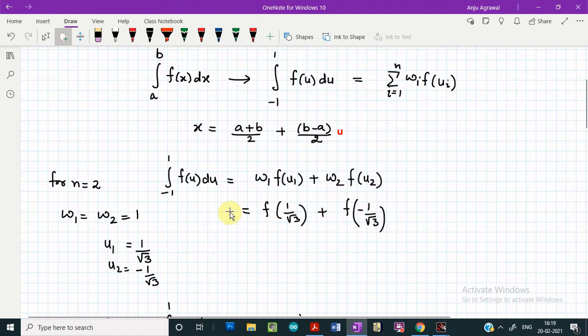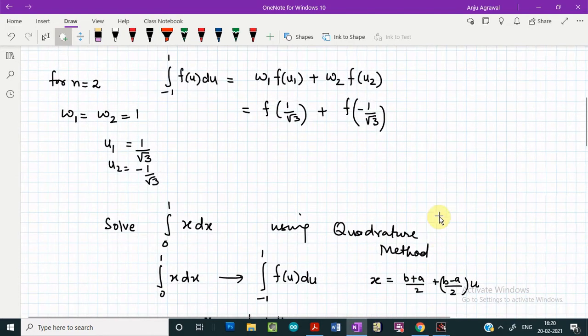In the case of the Gauss-Legendre quadrature method, the weights W1 and W2 are equal to 1, and the abscissae are 1 by square root of 3 and -1 by square root of 3. These are again the standard values which we can get from standard mathematical tables or from the internet. I have taken these values from the net and they are easily accessible.